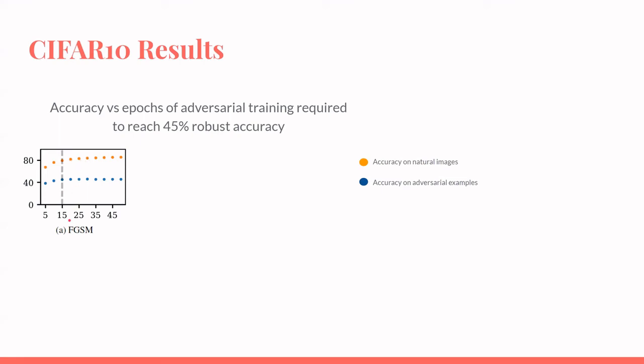For FGSM, it takes around 15 epochs to reach a robust accuracy of 45%. For PGD, the number of epochs is way lower, around 10, but we need to note that the iterations inside each epoch are significantly higher, so this would take longer.